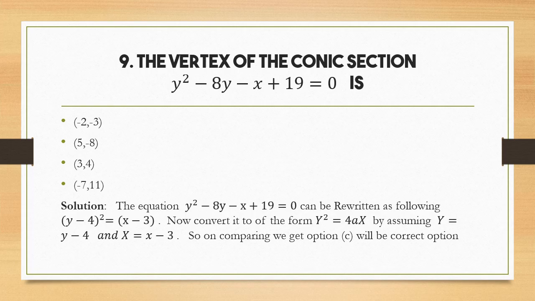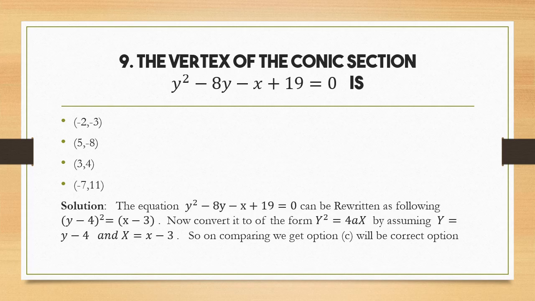So I write y square minus 8y minus x plus 19 equal to 0 in completing-square style. One thing in this question is that there is no square term of x. There is only a square term for y. Therefore, I will keep x separate, and completing the square for only y, I will rewrite this equation as y minus 4 the whole square equal to x minus 3.